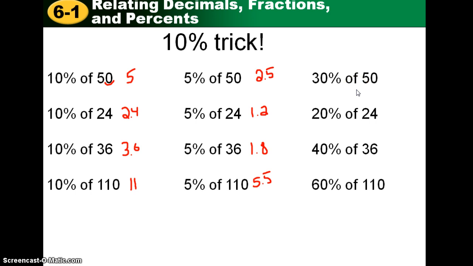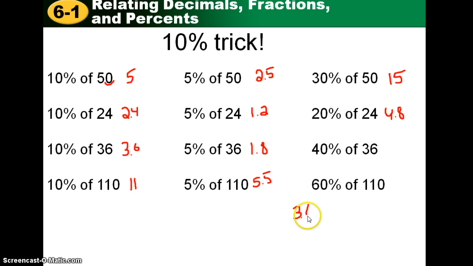So how do I use this for other percentages? Well, 30%. If 10% is 5, 30% is 3 times 10. So I'd multiply 5 times 3 and get 15. 10% of 24 is 2.4, so I need to double that for 20%, 4.8. 10% of 36 is 3.6, so I need to multiply that by 4.